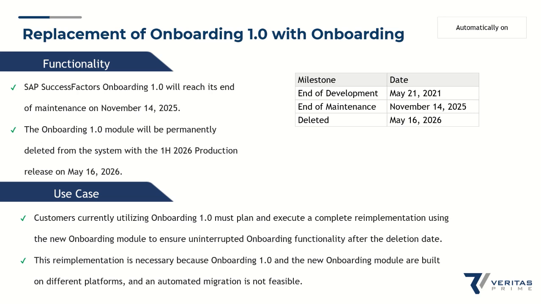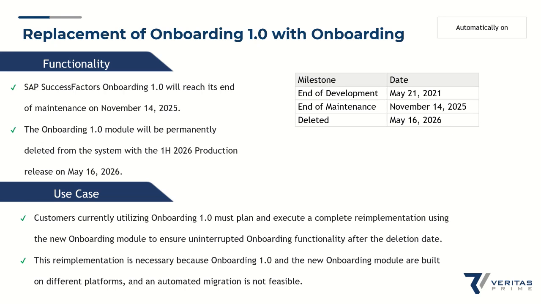And beyond that, it's important to be aware that the timeline for Onboarding 1.0 is that the end of maintenance is November of 2025. Following that, in May 2026, the entire Onboarding 1.0 system will be permanently removed. So the core message that I want to deliver today is this: currently you are using 1.0, so you must plan for the complete migration or re-implementation to Onboarding 2.0 by using the new Onboarding module 2.0.